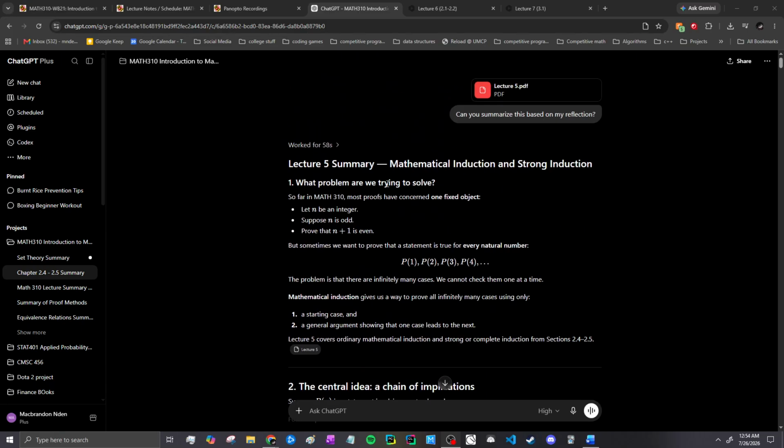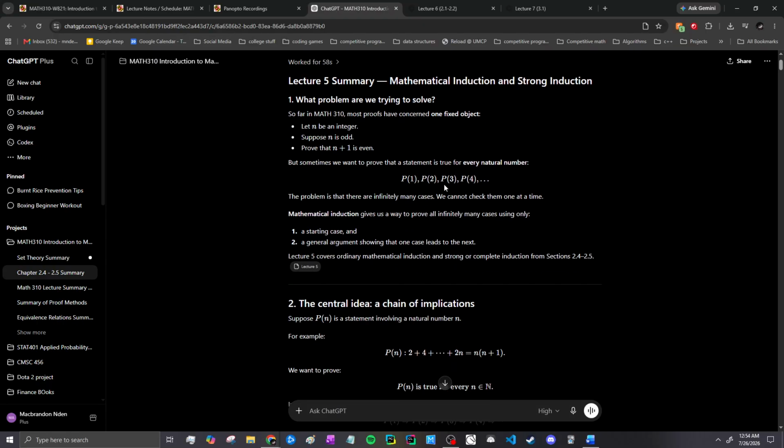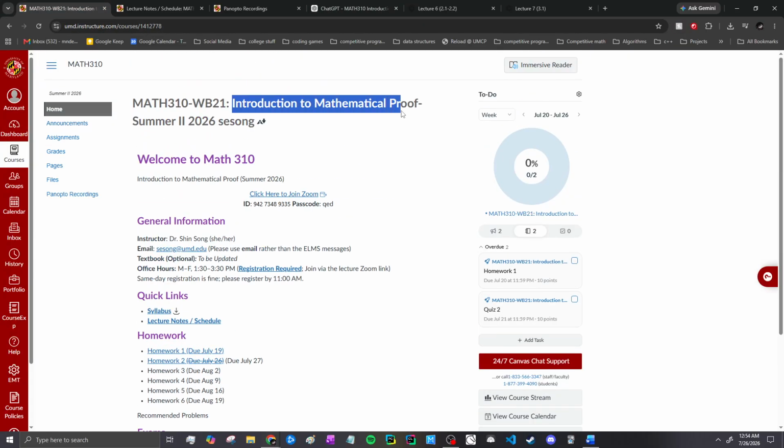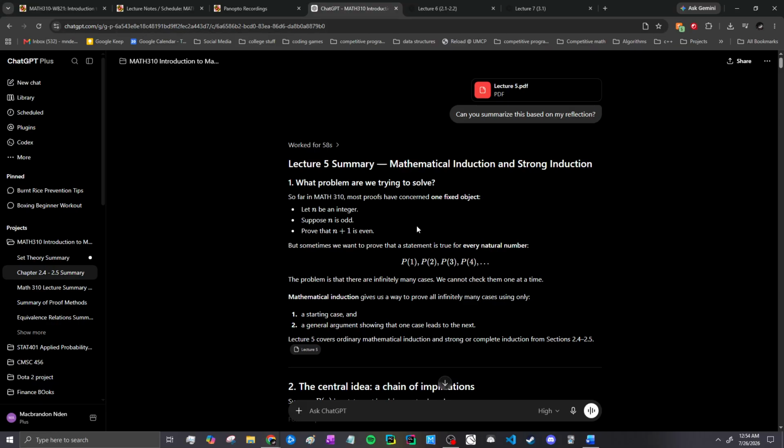So I want to connect back to the proofs. Remember, proofs are simply a chain of sequence proving a statement, essentially. And here we're introducing mathematical induction. We're still talking about proofs, so it's still under the topic of mathematical proofs, but this one is different, I suppose.